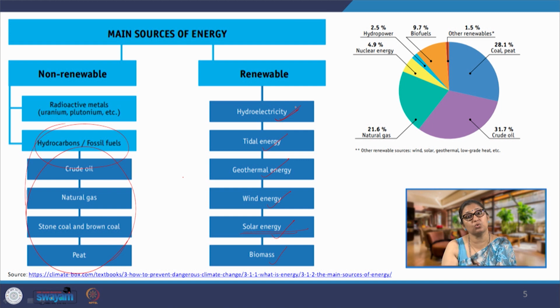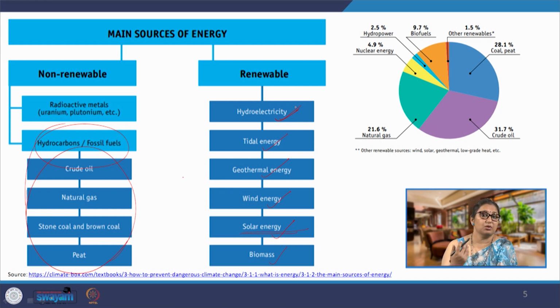Tidal energy is only in the coastal areas, oceans where significantly intense tides are coming. Geothermal energy, again, needs access to the heat underground, which can be used to make steam and then run the turbines.